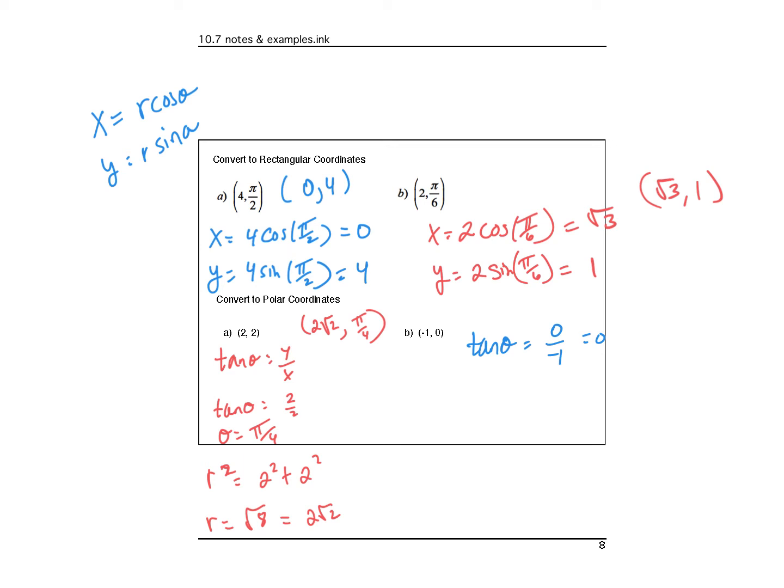It's 0, so we do want to know what angle gives us that, but the x-coordinate is -1 right now. So theta being 0 wouldn't make sense, but theta being pi is what we would want, right? Then we say r squared equals (-1) squared plus 0 squared. So r equals 1. So (1, pi) would graph that same point of (-1, 0).